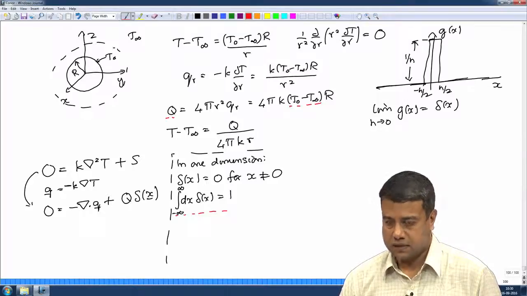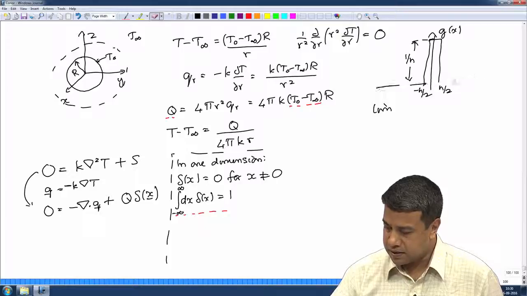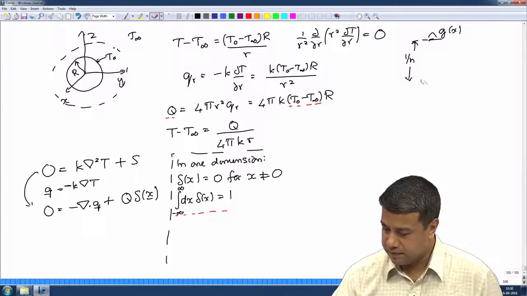We have seen this delta function in one dimension before. We have also seen the extension to 3 dimensions.